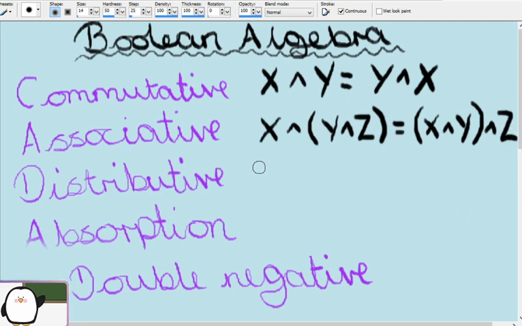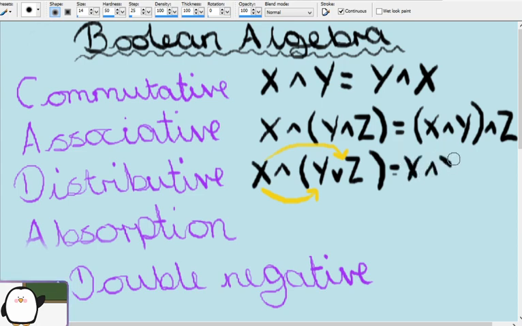There's the distributive rule, which needs two different signs. So if it's X and Y or Z, we then get to multiply it out like you would in maths. So you'd have X and Y or X and Z. Those can go into brackets.